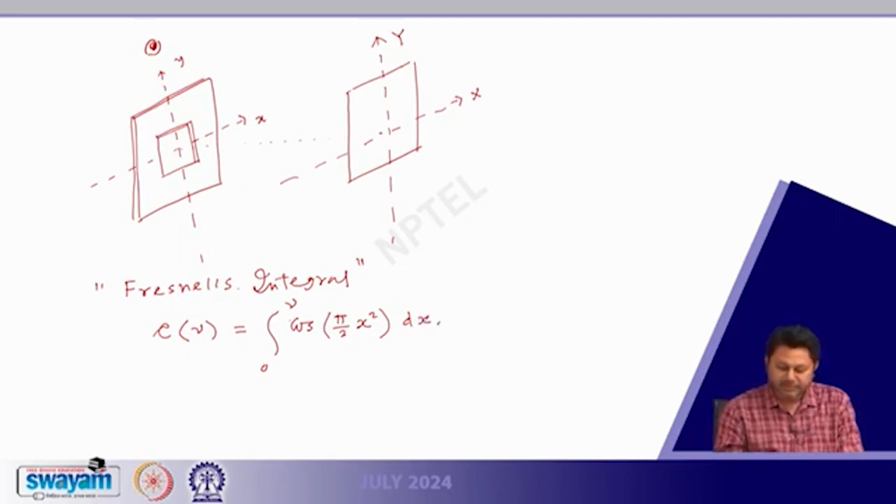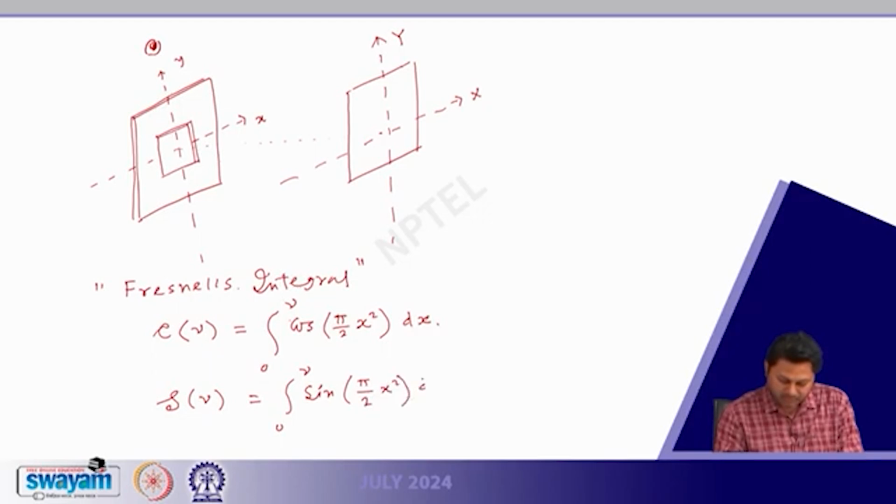That is the Fresnel's integral by definition, we call it C, and another is curly S, and by definition it is the integral from 0 to nu of sine of pi by 2 x square dx.